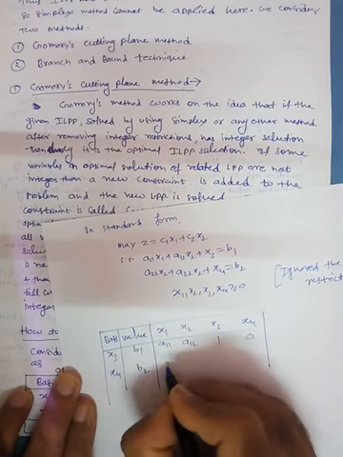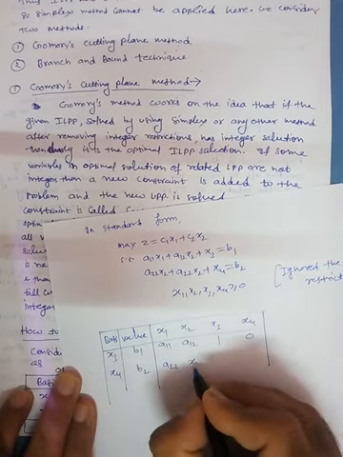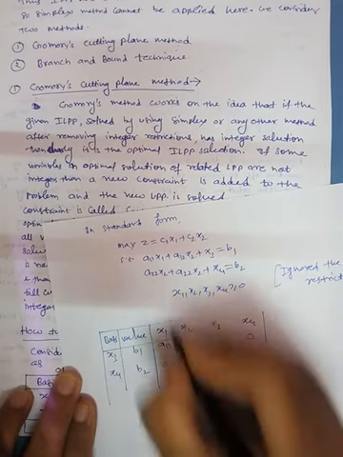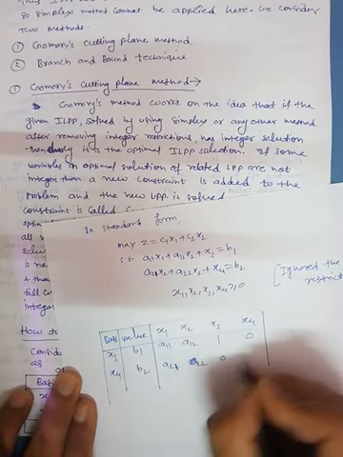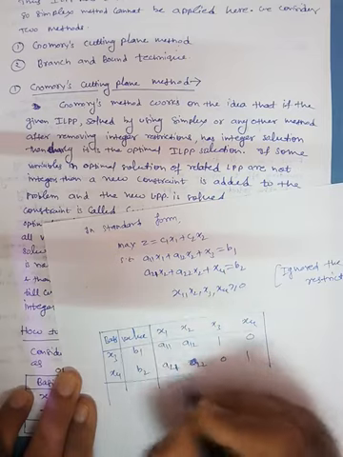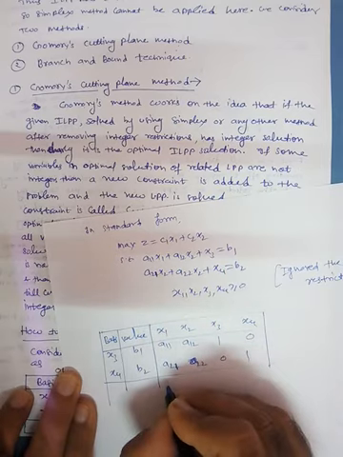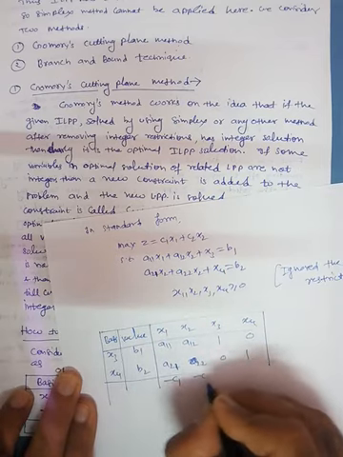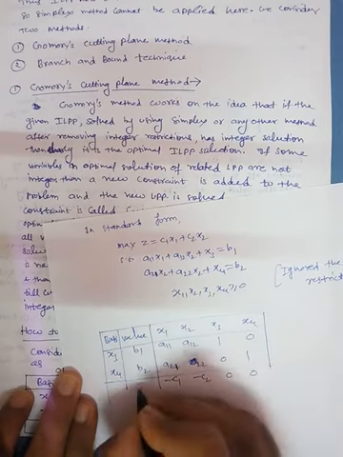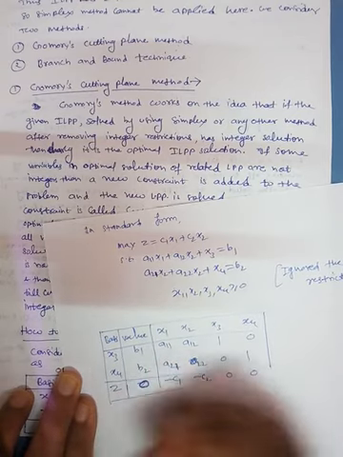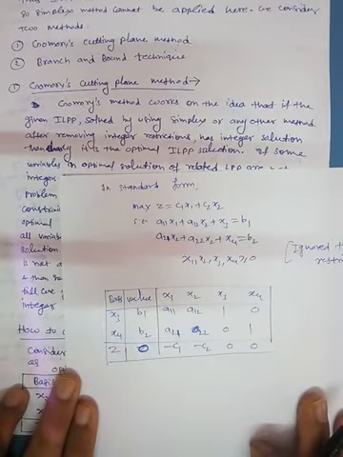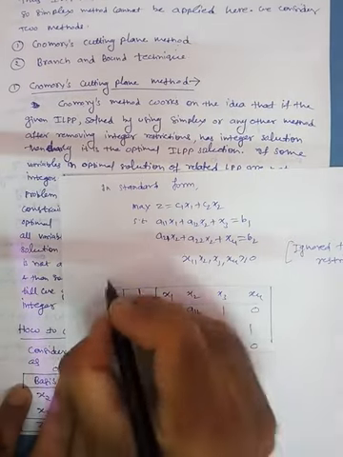Here is b2, a21, a22 and 0, 1. On the right hand side, in the objective function row, we have minus c1, minus c2, 0, 0 and z. Sorry, this is 0. So this is the initial table.